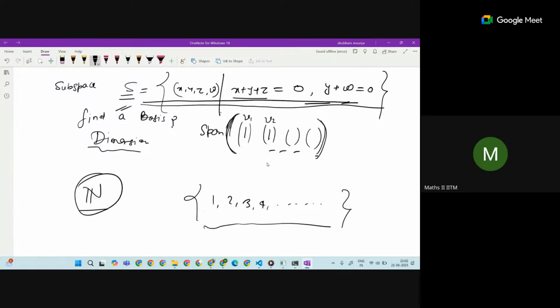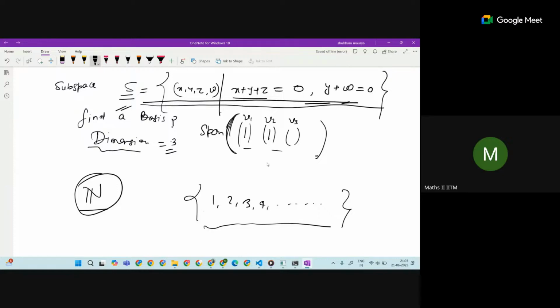So I mean to say the dimension is the number of elements in the basis. Like here, suppose this is generated by only these three vectors, let's say up to v3. Generated by only these three elements, so the dimension of this subspace is going to be three.